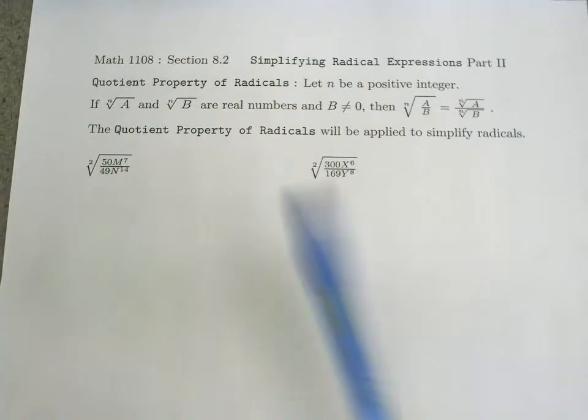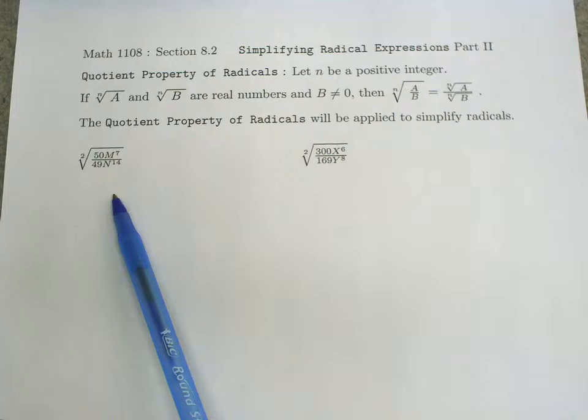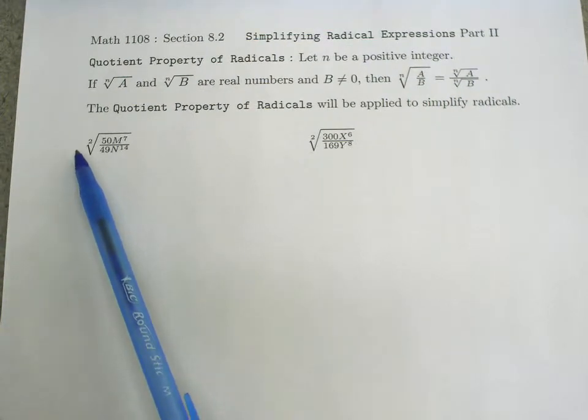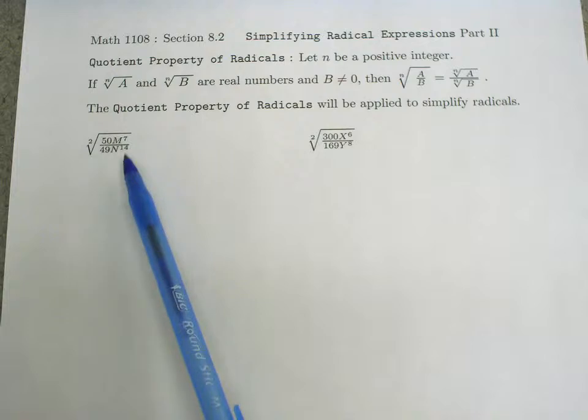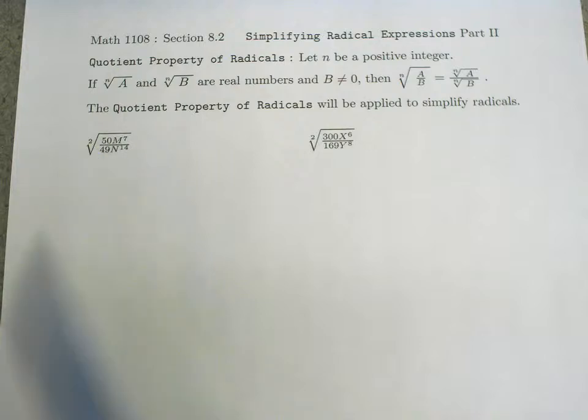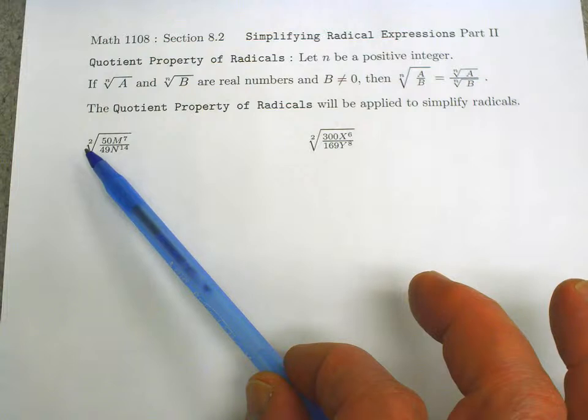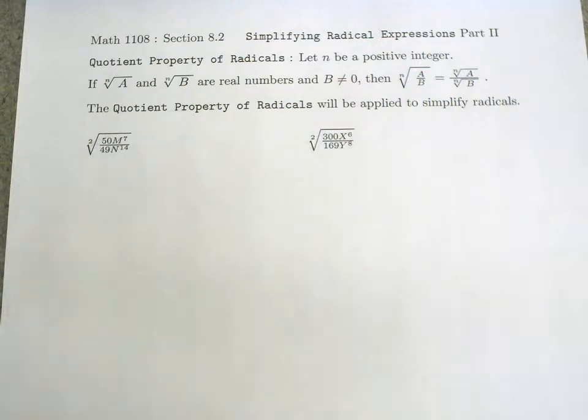Okay, in this first one, we have a radical with a quotient, and the index of the radical is 2. Remember that when the index is 2, it's just the square root. So it's not required to write the index 2 for a square root, but you can if you want to.